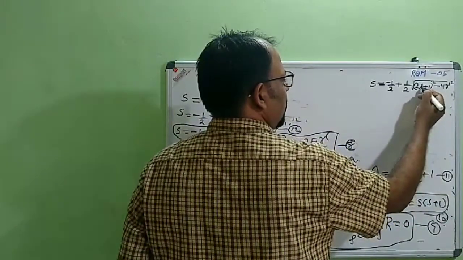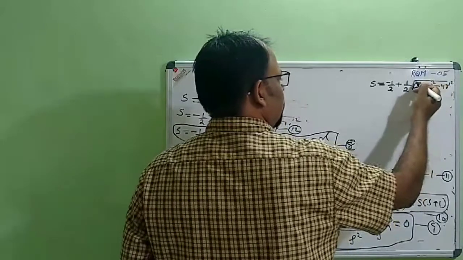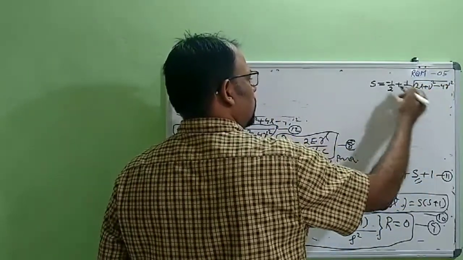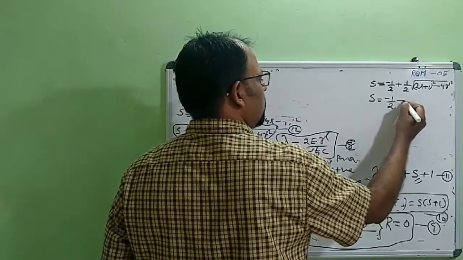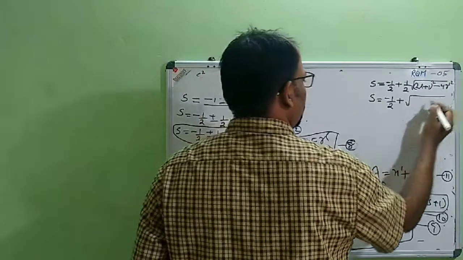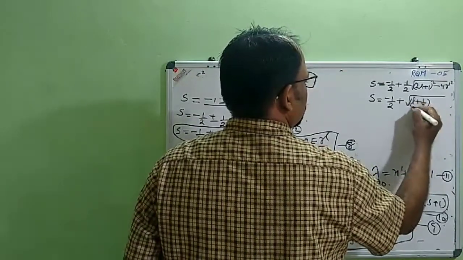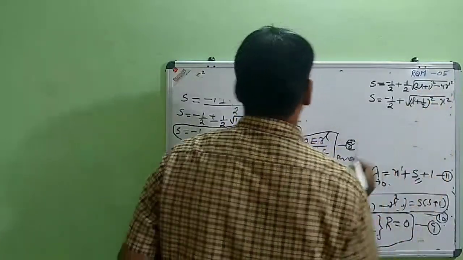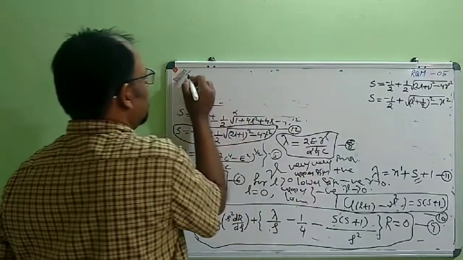So this will be L plus 1 by 2 and this is square, then 4. I am taking 4 common, so it will be 2, and this 1 by 2 will get cancelled. So we can write it as minus 1 by 2 plus root of L plus 1 by 2 the whole square minus gamma square.